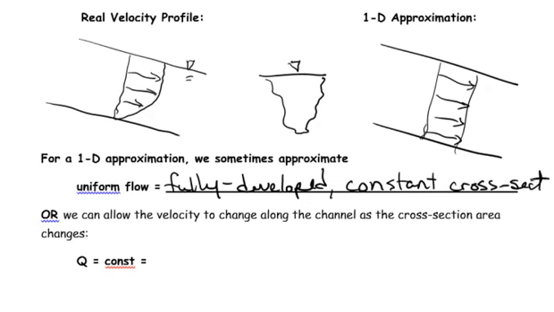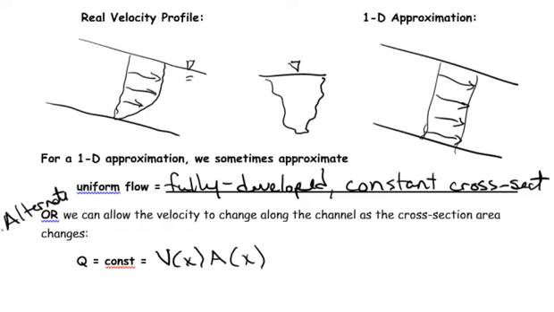If we get a little bit more advanced, we could alternatively allow the velocity to change and the area to change. In either case, then flow rate would still be velocity times area, but it'd be velocity as a function of x times area as a function of x. And that would still be constant, but a little more complicated.